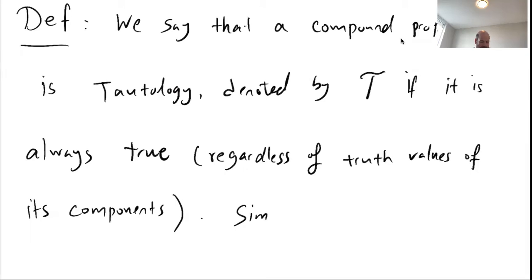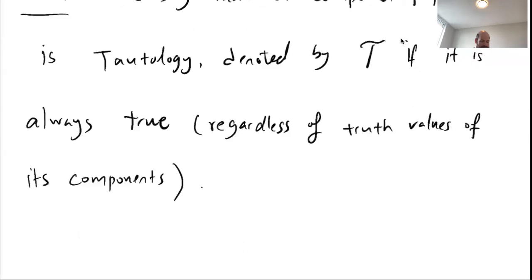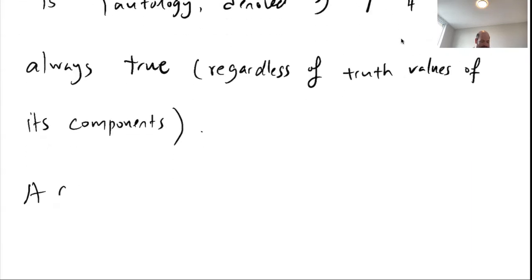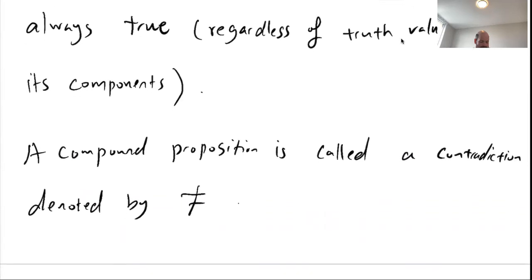Similarly, let me give the next, a similar definition: a compound proposition is called a contradiction, denoted this time by curly F, if it is always false.